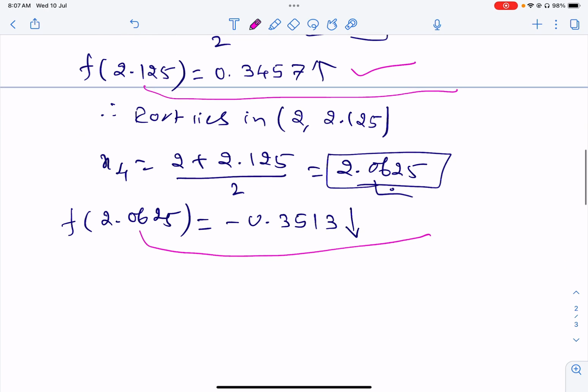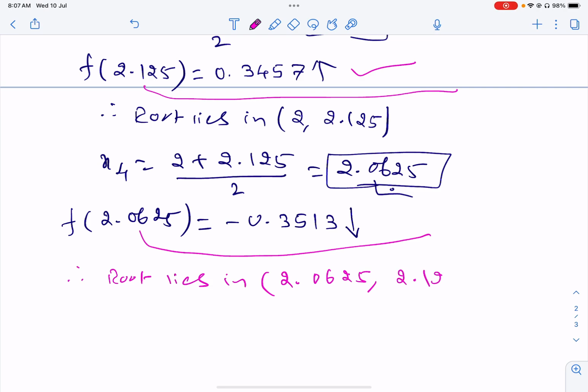So this is negative, and the positive value is here. So now you can say that therefore the root lies in 2.0625 to 2.125.